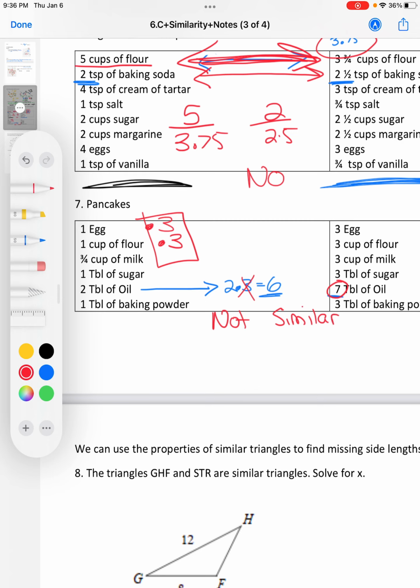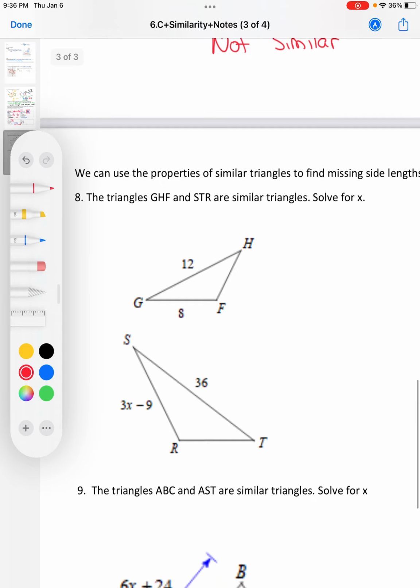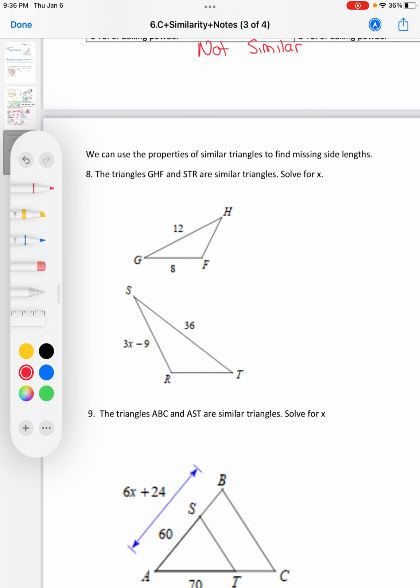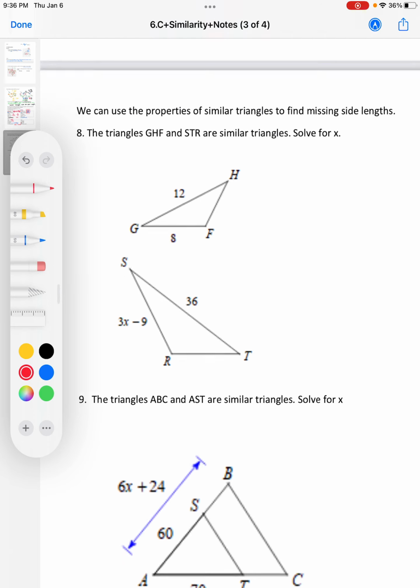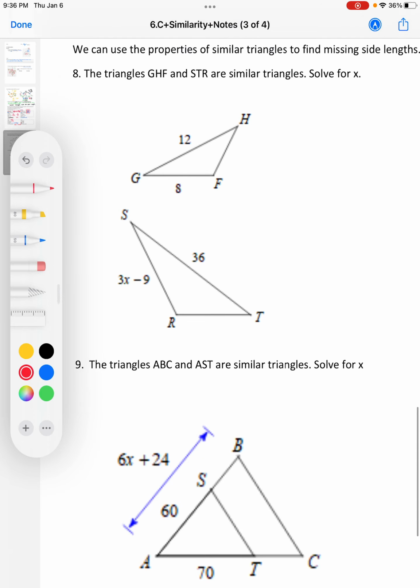Okay, so we just got to find that difference. What is the difference between the two? Okay, let's look at the last couple ones. We can use the properties of similar triangles to find missing side lengths. So again, we talked about how the side lengths are the same. They're just all multiplied by a certain factor, but they all have to be multiplied by that same factor.